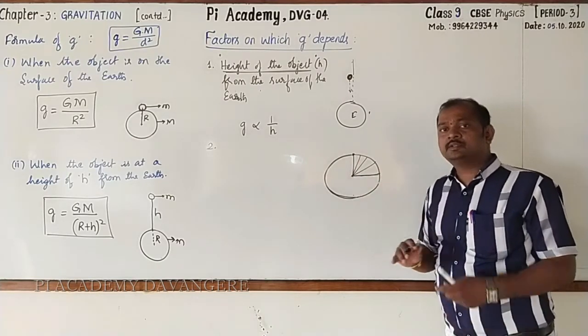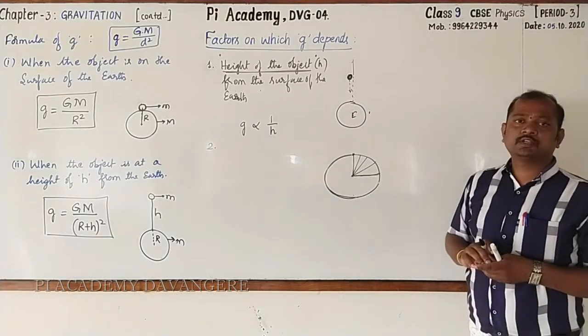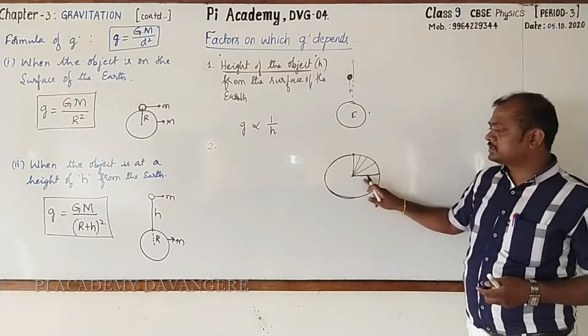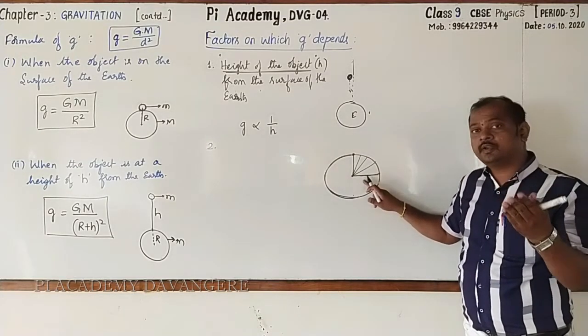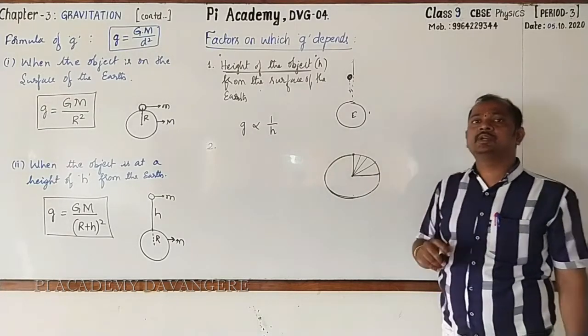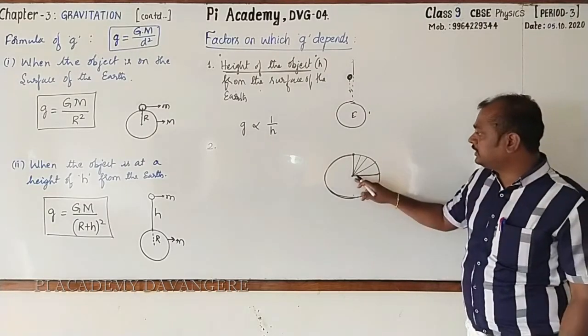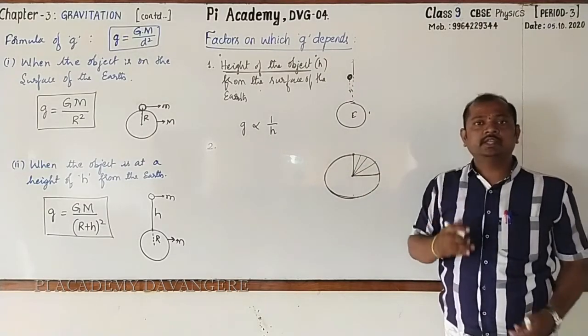Got it? Hence, can we say that the acceleration due to gravity depends on the radius of the earth? Yes. As the radius increases, G decreases. As the radius decreases, G increases.